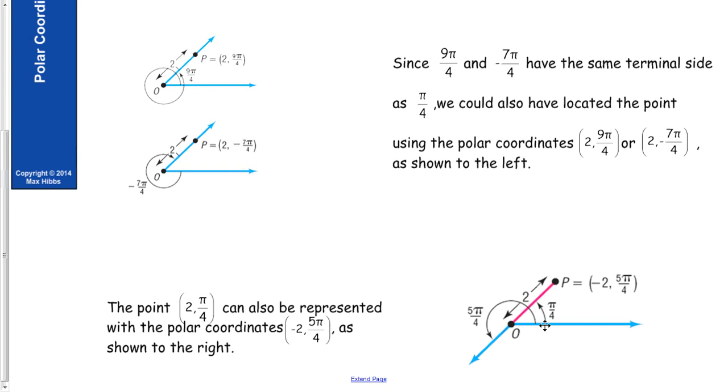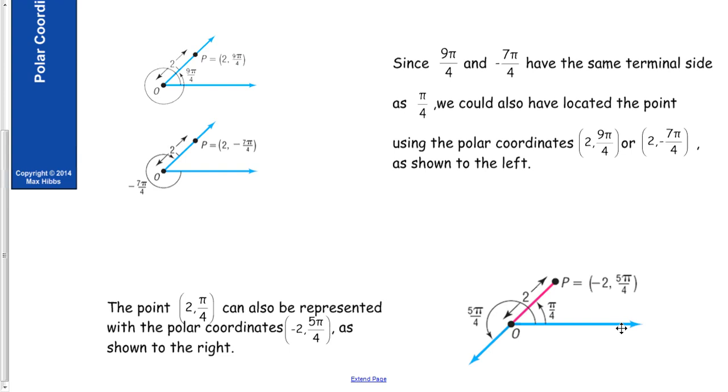Here's pi over 4 right here. Well, what would we need to do? We'd need to be pi units more than pi over 4 is one way. So this angle 5 pi over 4 is in exactly the opposite direction of pi over 4. So instead of measuring along the 5 pi over 4 angle, though, we need to go in the opposite direction, so our r value is negative 2.